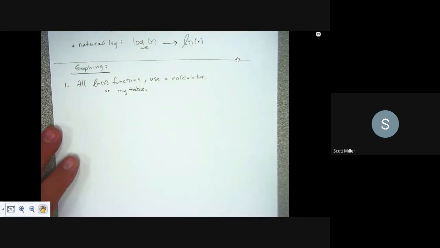I'm going to show you how to make the table, and you can use the calculator then, just like when we did exponentials. You made my table, and then you can use the calculator to help you find the values of those numbers in the table. The same thing for the log. That's what I want.